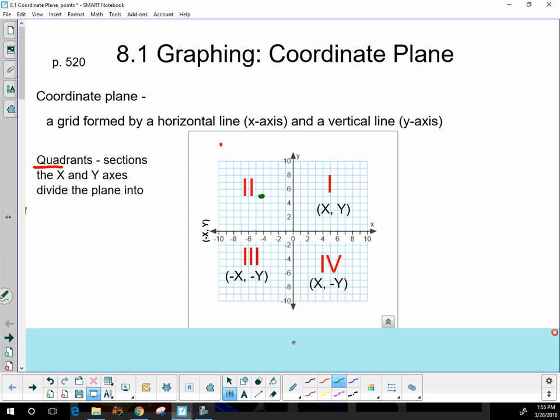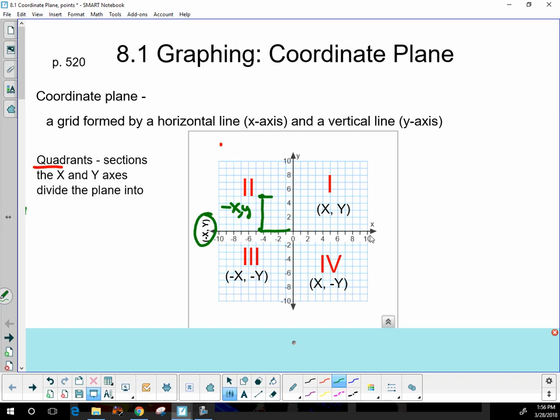Let's see what happens. I have to go this way on my x before I go up. So I'm going to have a negative x. And then I go up to a positive y. And that actually, for some reason, is over here. I got everything else to pop up on the grid and not that one.